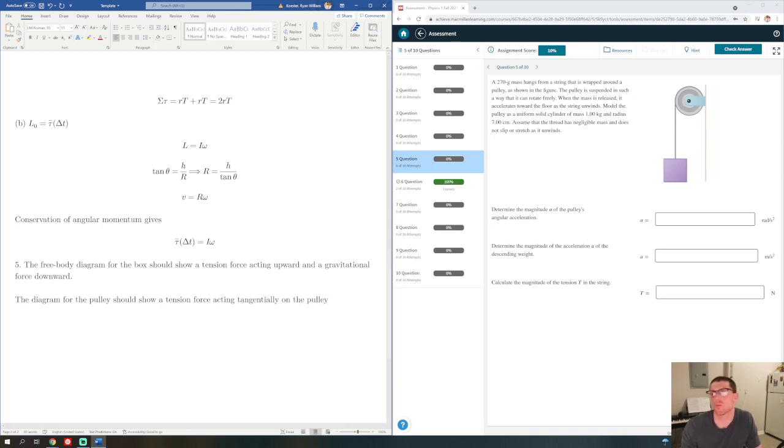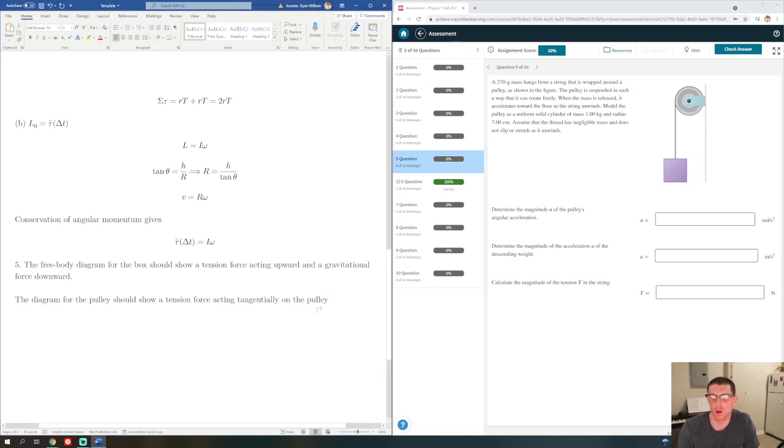So what this means is, if this were my diagram, there would basically be an arrow pointing straight down here, directed along the length of the rope. That would be the tension force.